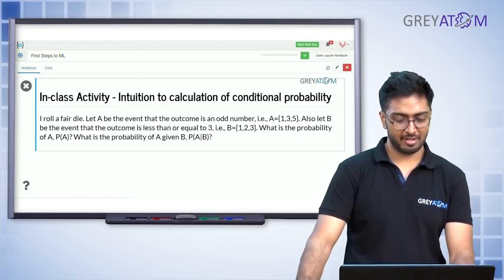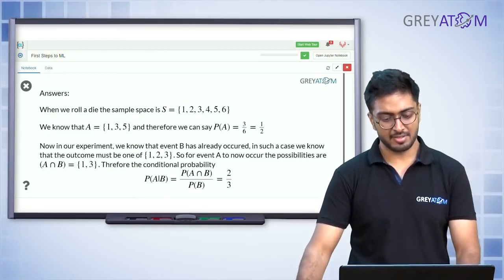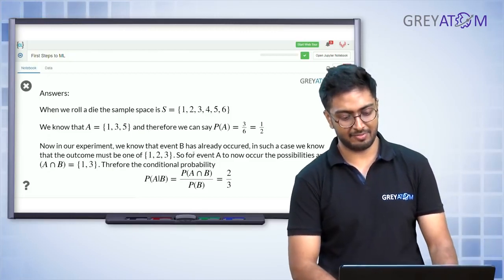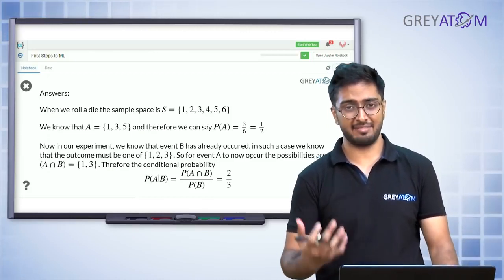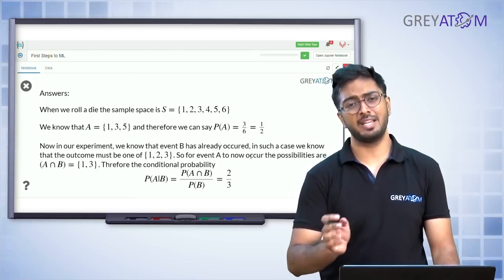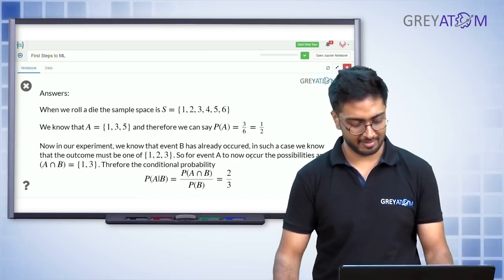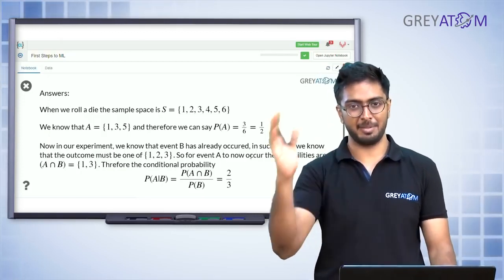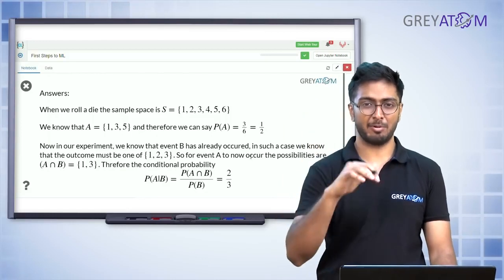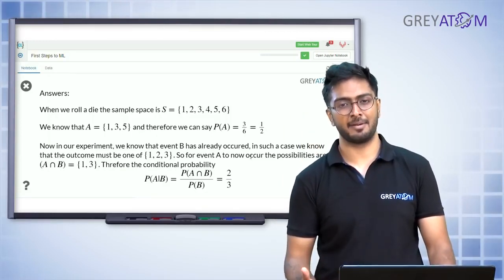Now what is the probability of event A given B? A given B basically means: what is the probability of A if I have told you that B has already occurred? That is a way to interpret P(A|B).